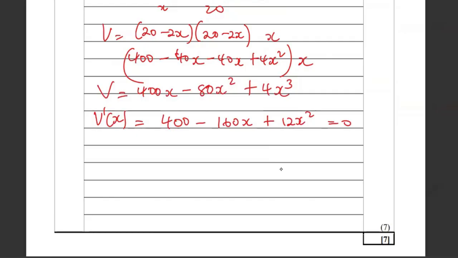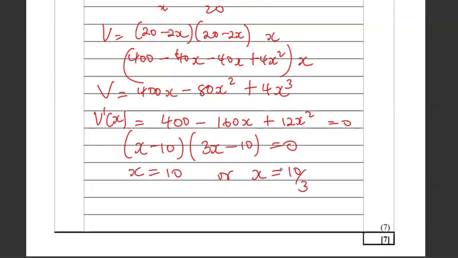Okay, so when I solve this, I'm having something like x minus 10 and then 3x minus 10 is equal to 0, because I divide through by 4. Then my x is 10, or my x is 10 over 3.